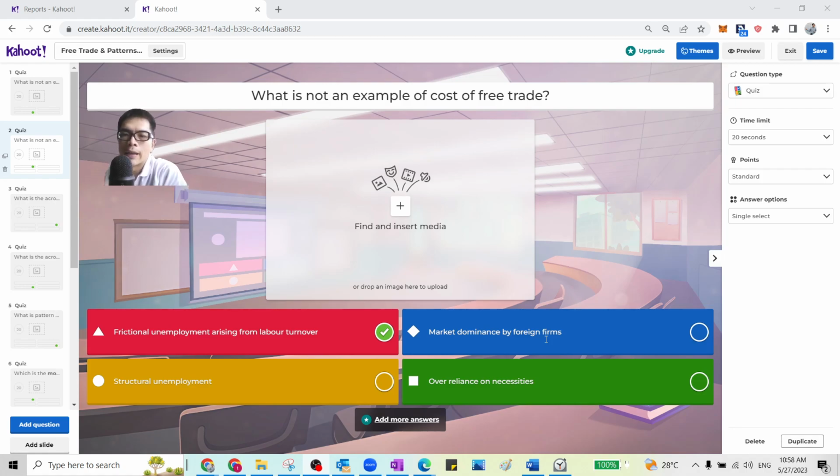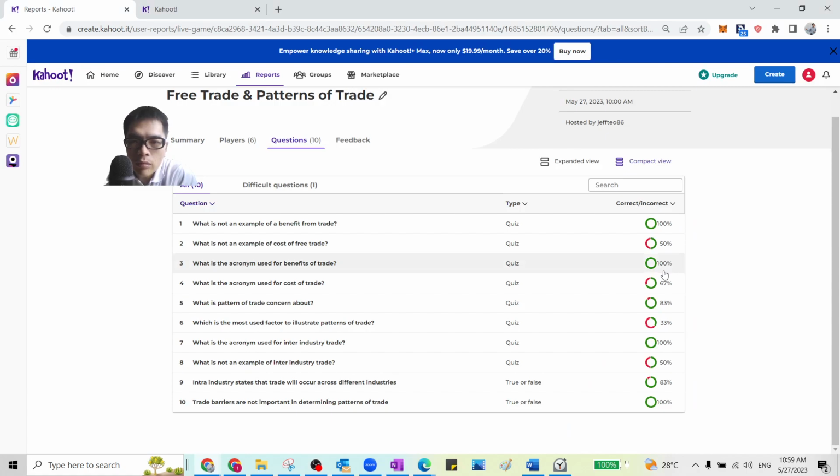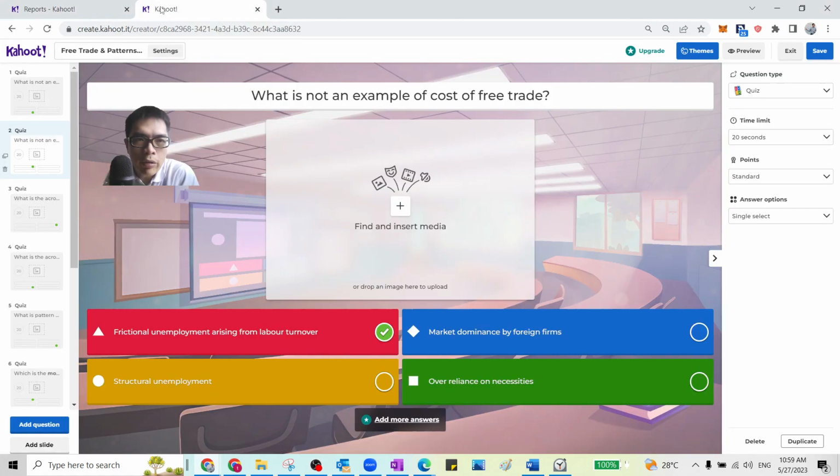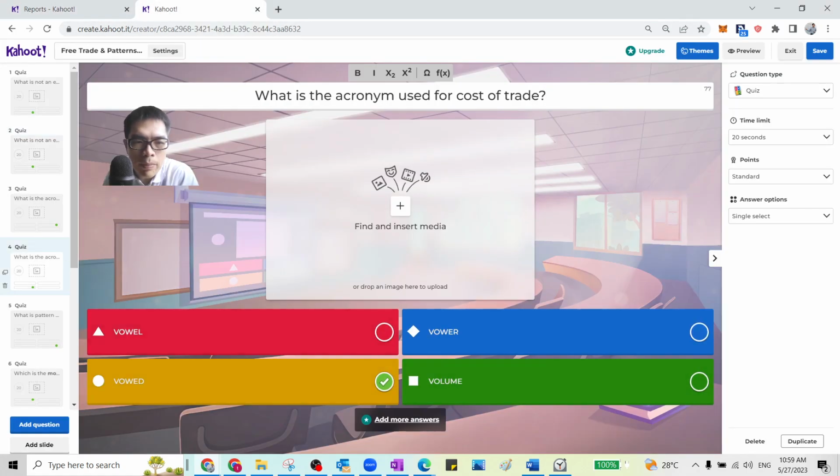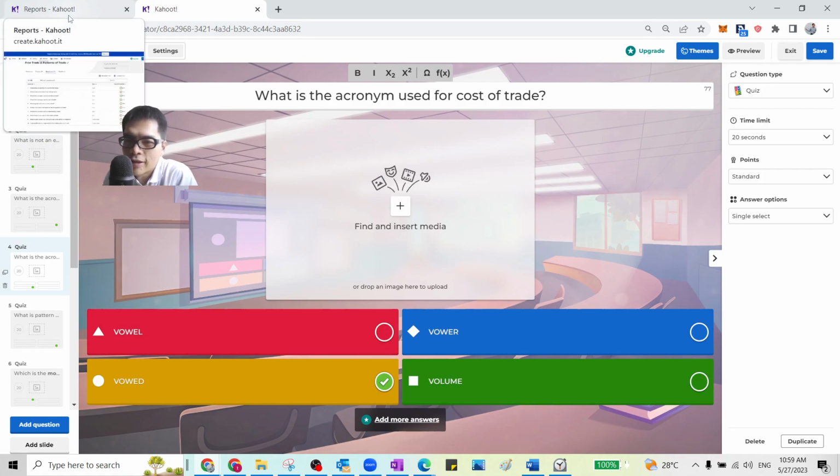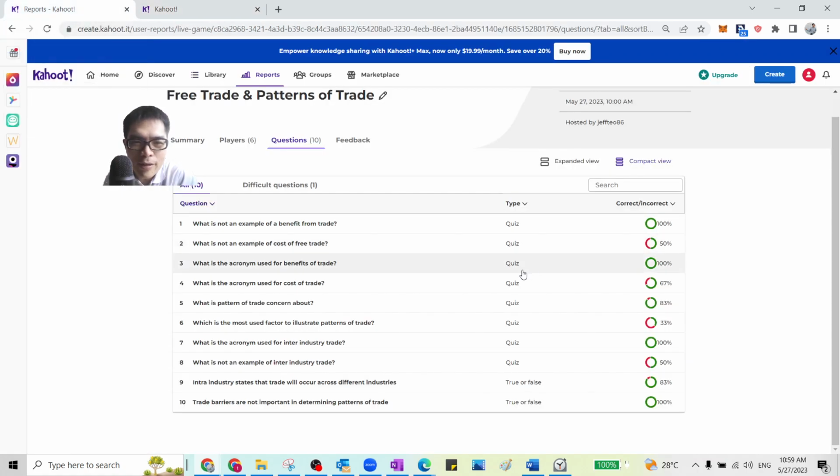When they are dumping cheap foreign imports into the domestic market, the domestic market will experience market dominance exerted by foreign firms. So frictional unemployment has nothing to do with trade. What is the acronym? I'm not sure why people get this wrong. I cannot help. Make sure you know the acronyms by heart. Make sure you know the points.